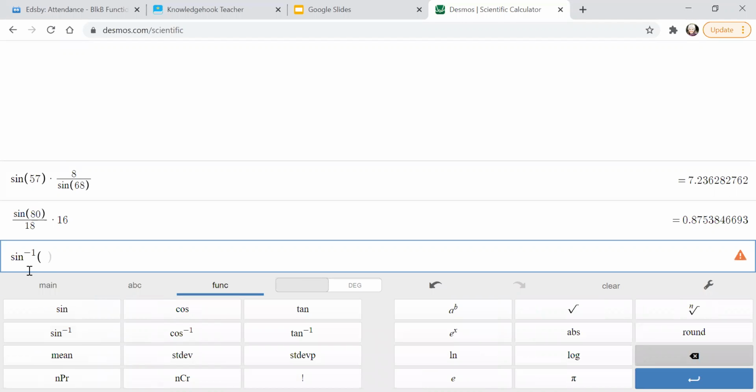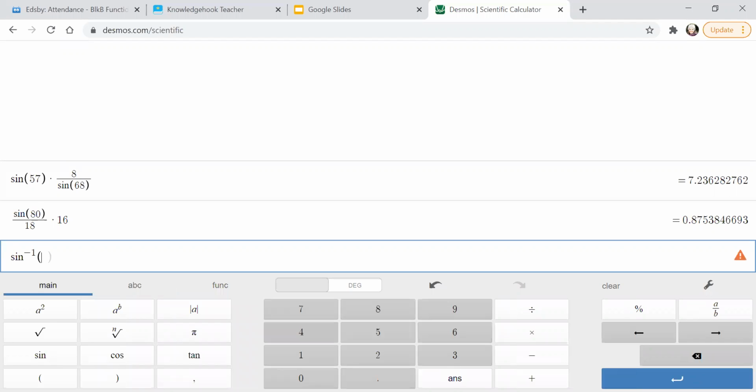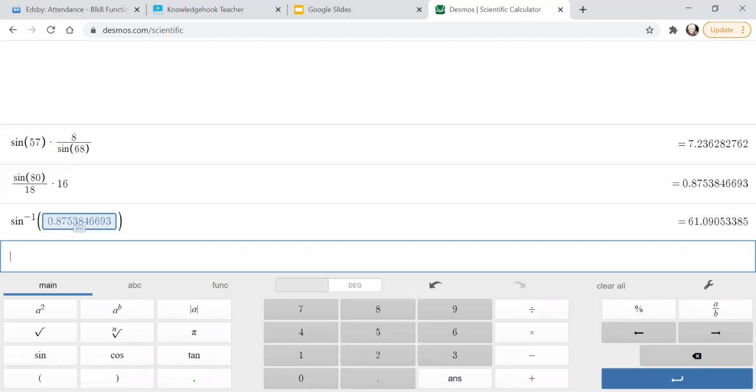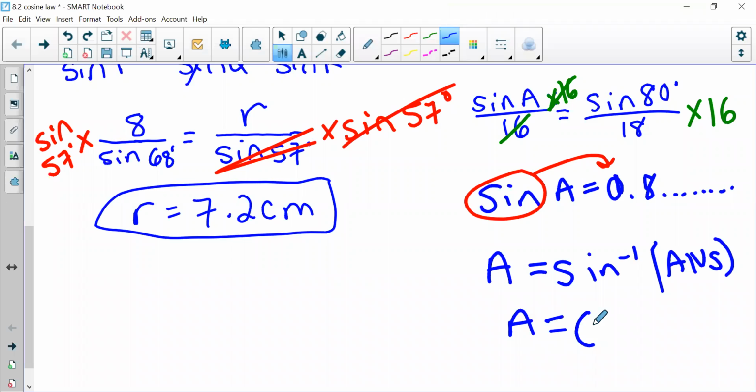My answer button, so go back to main, is right here by the plus sign on the bottom. Hit answer. And how many of us are getting 61 degrees? Yes, wonderful. Sine inverse of your answer, and then we'll just round that to a whole number, 61 degrees.